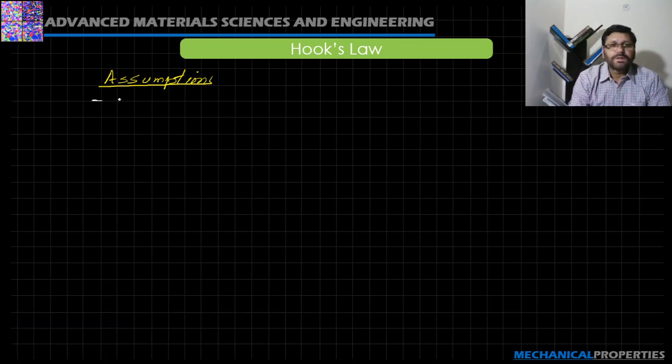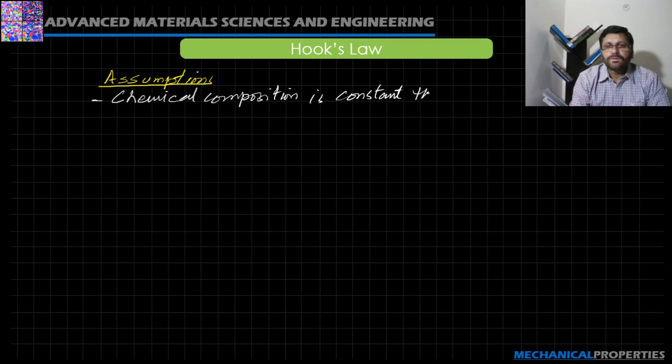Let's say the chemical composition of the material is constant throughout. We may have some imperfection in the material because of the manufacturing processes, but we assume that the chemical composition is same for the entire material or the specimen.